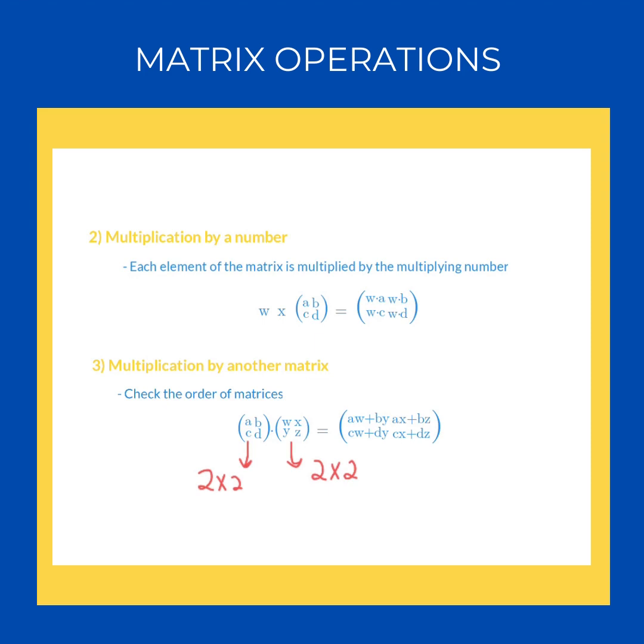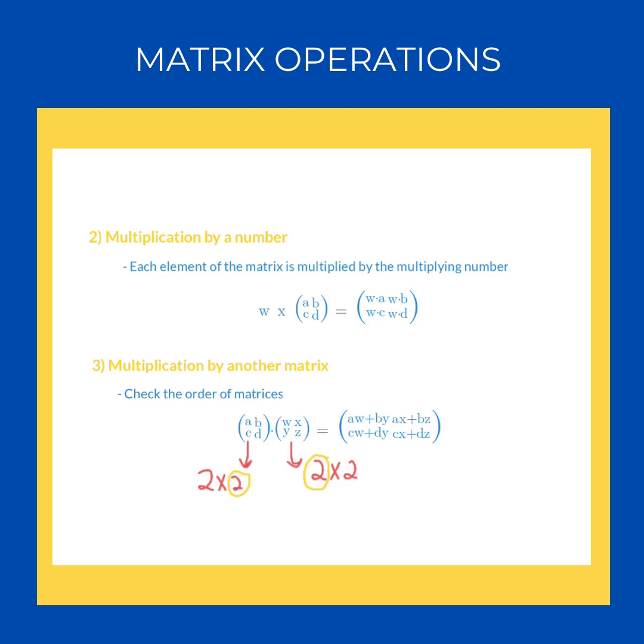So to multiply these two matrices, the number of columns of the first matrix should be equal to the number of rows of the second matrix. So the number of columns, which is this number, should be equal to the number of rows of the second matrix, which is this number. Now, if these two numbers are equal, then I can multiply both matrices. If they differ, then I can't do this operation.